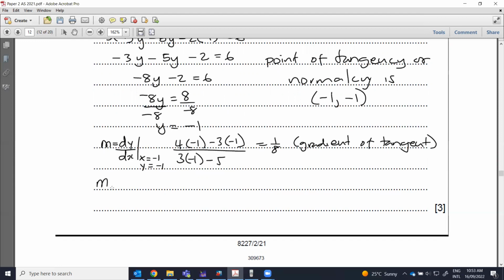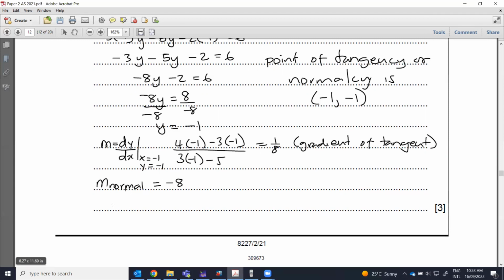So remember, we're looking for the equation of the normal. So the gradient of the normal is just the negative reciprocal of 1/8, which is negative 8, because the tangent and the normal are perpendicular. So when I multiply the two gradients together, it must give me negative 1. So negative 8 times 1/8 is negative 1.